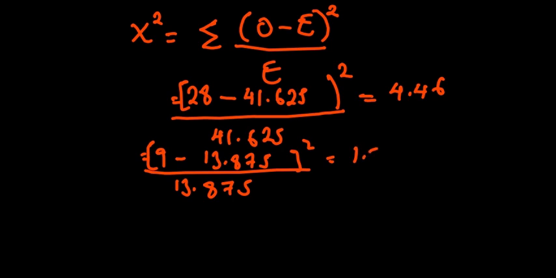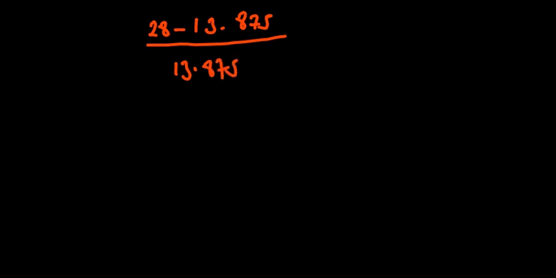Okay, go to the next page. You have 28 minus 13.875, I'm using the same figures that we used earlier, squared, over 13.875. It's going to give you 14.38. Then the last one is 9 minus 4.625, squared, over 4.625.